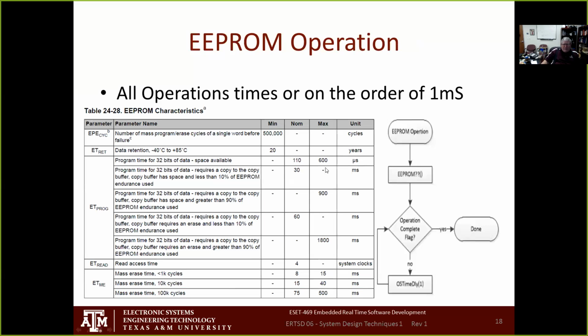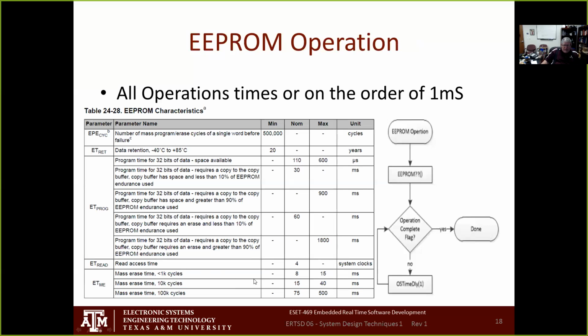And so these programming times really don't apply to what we're doing. Right now, most of the stuff, we're always going to have space available. Most of our stuff is going to take around a millisecond. Now, what we will find is, do I have the erase time?